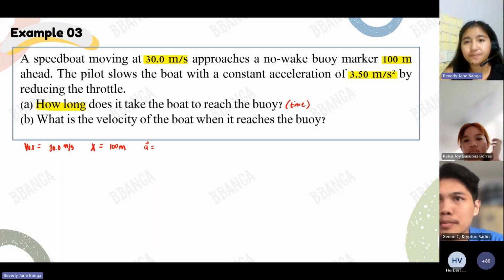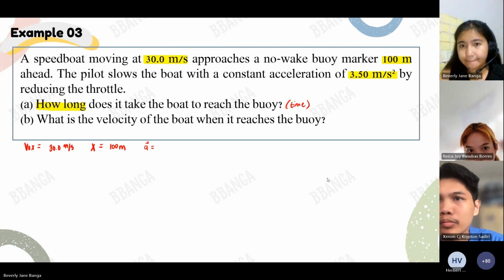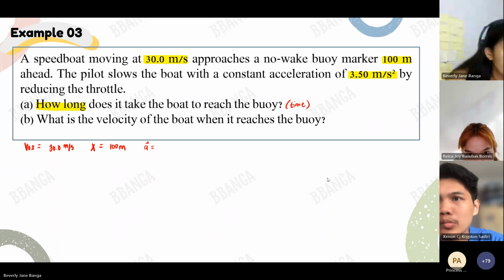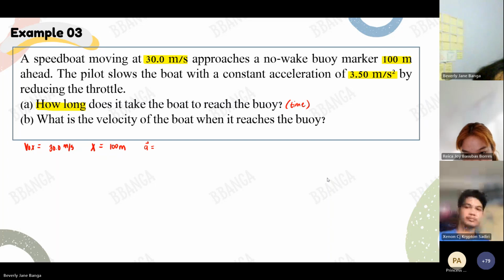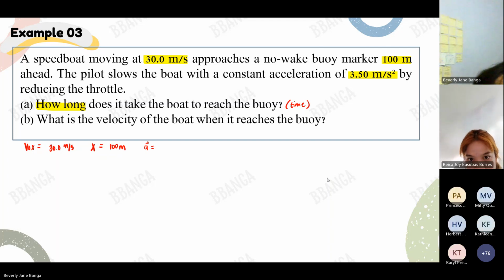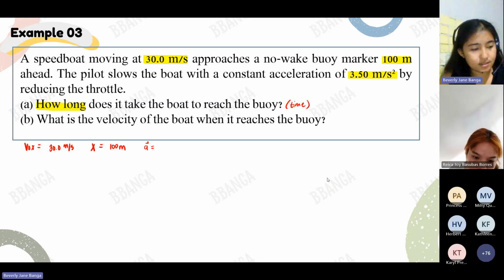Per problem. You can use the chat box, guys. Ano yung acceleration? Boris. Rika.